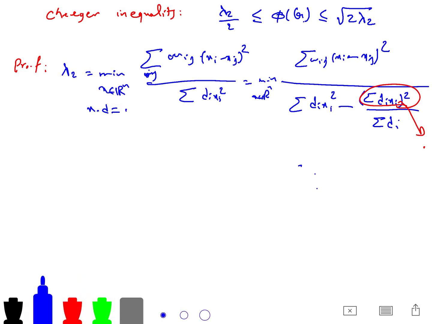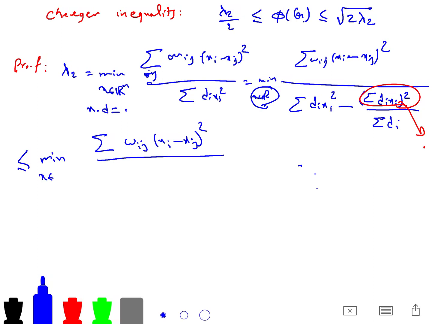So what I do is that because it is in R^n, it is relaxed and it has the potentiality to go lower than our original problem, which is the sum of omega_ij (x_i minus x_j) squared, and this one is now discrete.